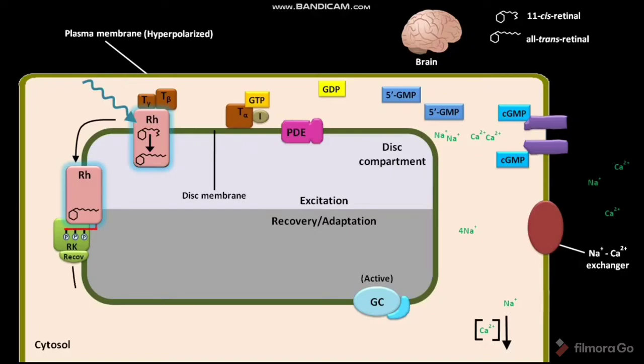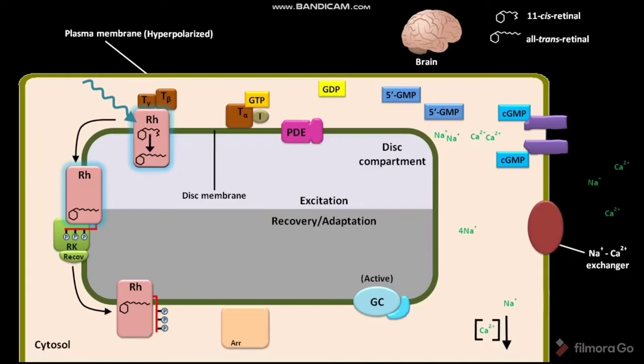In the next step, the phosphorylated carboxyl terminus of active rhodopsin binds to the arrestin, denoted as ARR. Due to this binding, the active rhodopsin becomes inactive. The arrestin then slowly dissociates from the inactive rhodopsin.